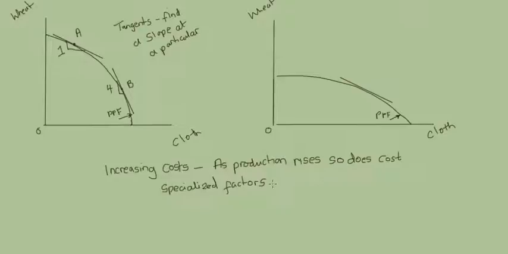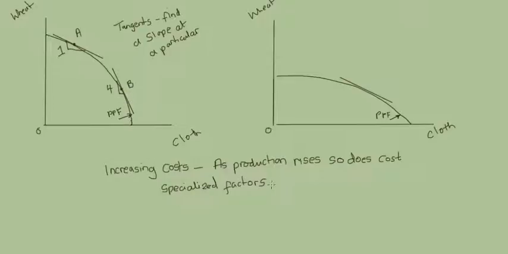Specialized factors mean that as we expand production of cloth, we start out using the factors of production that are most useful in the cloth industry, maybe the ones that are best suited. But if we move along the PPF and increase our production of cloth more and more, we start to have to drag factors into the cloth industry that maybe would be better suited for producing wheat.